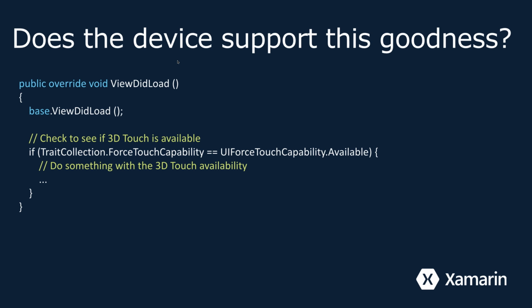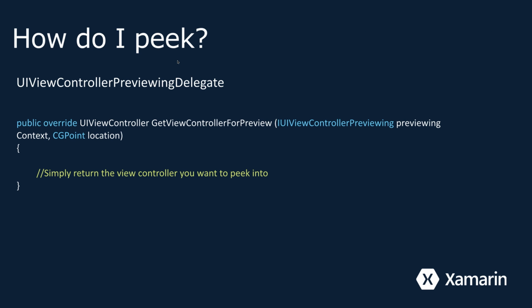And once you know that the device actually supports 3D Touch, how do you implement it? As I mentioned before, it's delegate-based, so our view controllers and our UITableViewControllers have an extra property, which is the UIViewControllerPreviewingDelegate. So we would create our own UIViewControllerPreviewingDelegate. It just rolls off the tongue, super simple to say.